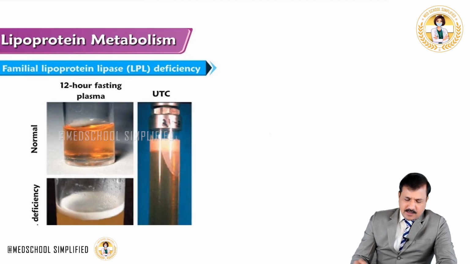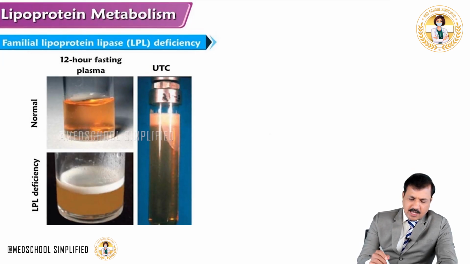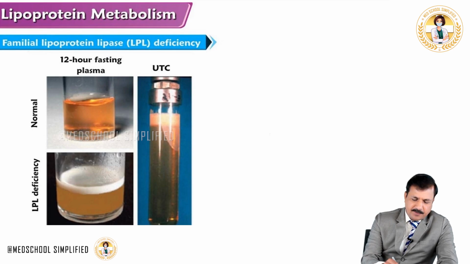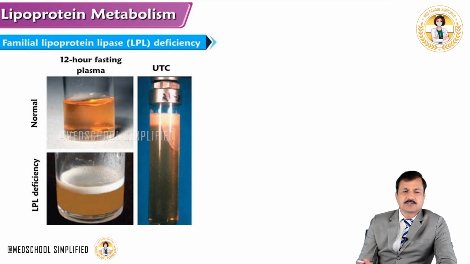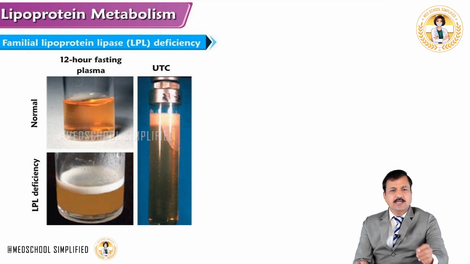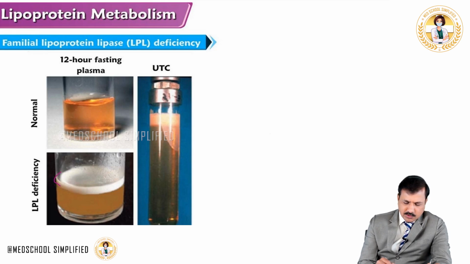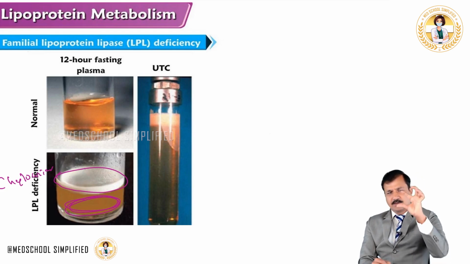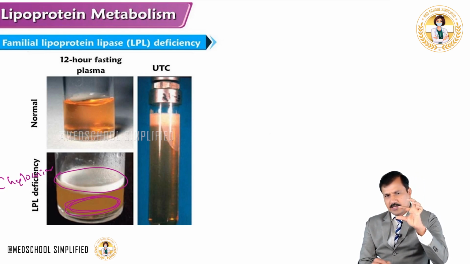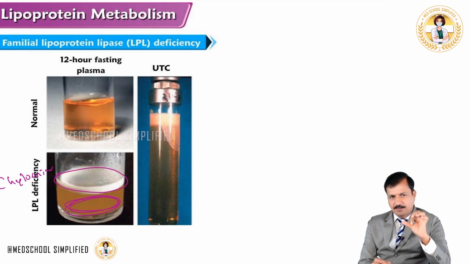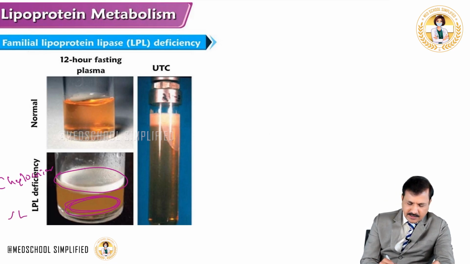Now you look at the plasma sample here. Normal and abnormal plasma samples are shown. The normal plasma sample, as you see, is very clear, whereas in the lipoprotein lipase deficient patient's plasma sample, you see a creamy supernatant here, and this creamy supernatant is because of excess chylomicron. And also the turbidity that you are seeing here, because that plasma is not clear when you look down below the frothy creamy top layer, is because of VLDL.